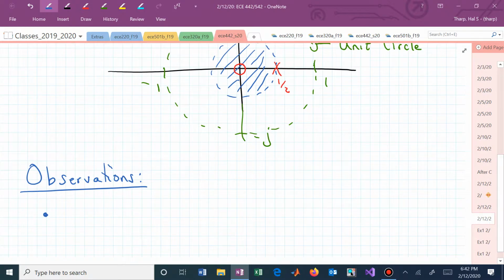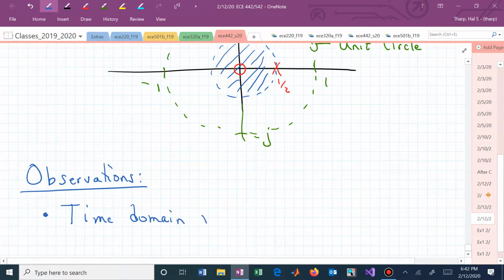How did that behave in the time domain? Do you remember what was happening when little n went off to negative infinity? It was going unbounded, wasn't it? That particular time domain response is unbounded.